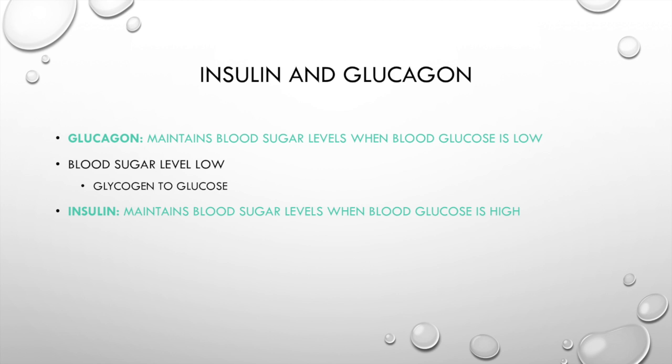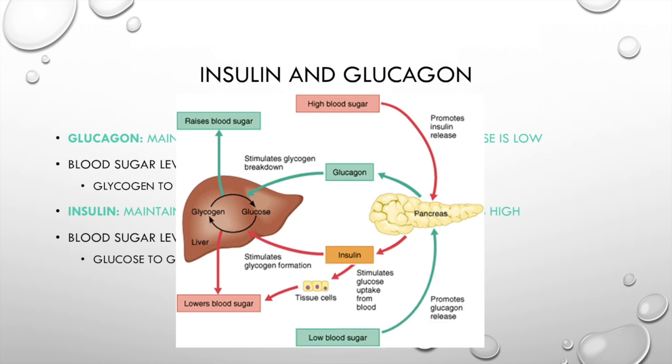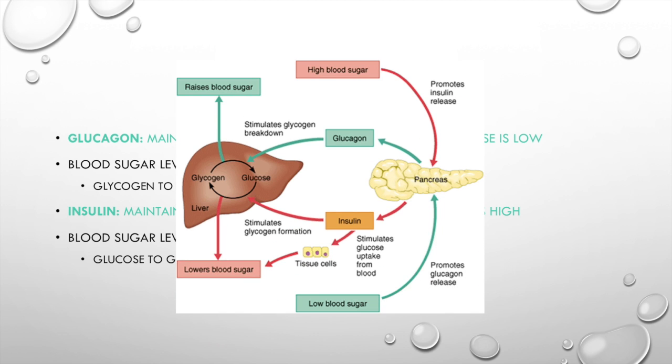But insulin, on the other hand, maintains blood sugar levels when blood sugar is too high. And so in this case, glucose is added onto glycogen to store it as glycogen. So you can pause the video and look through this flow chart to get a better understanding, or just look at it in a more pictorial view.